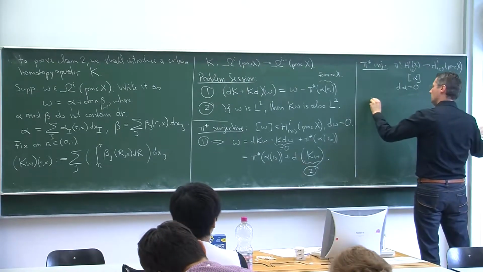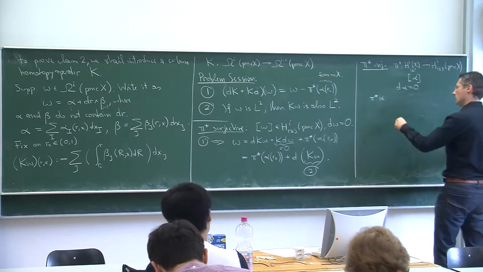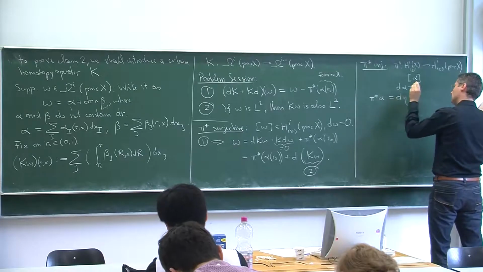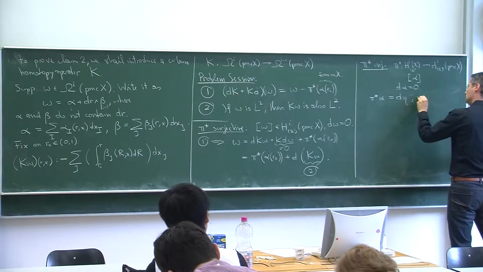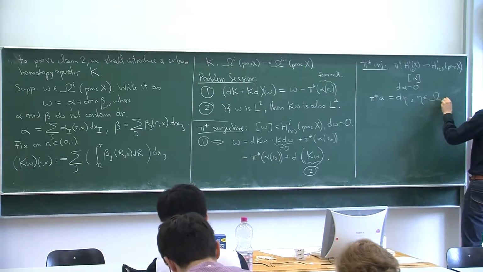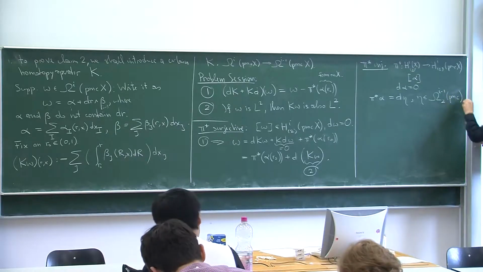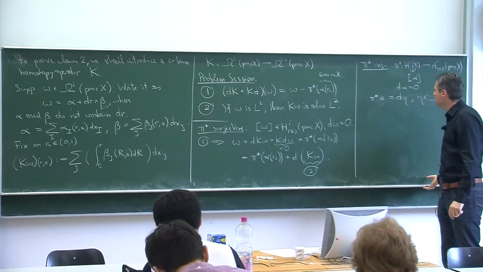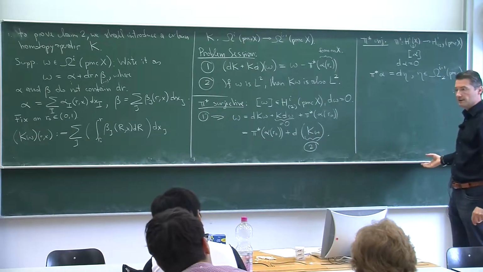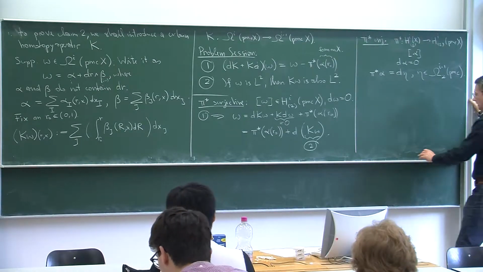And pi star of alpha as a class here is 0. So I know that this is d of some eta, where eta is an L2 i minus 1 form on the punctured metric cone. And I need to show that alpha is exact on X. Right? So why is that?